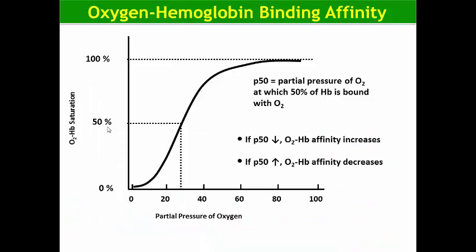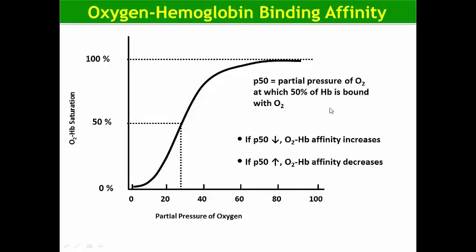Now, let's describe the oxygen hemoglobin binding affinity. How can we measure the affinity of hemoglobin to bind oxygen? This is measured by what is known as P50.